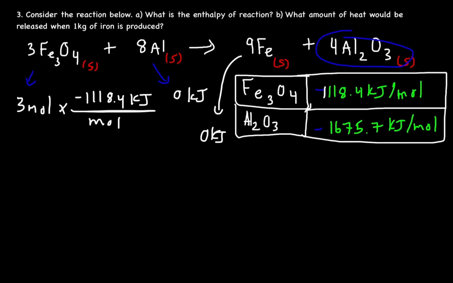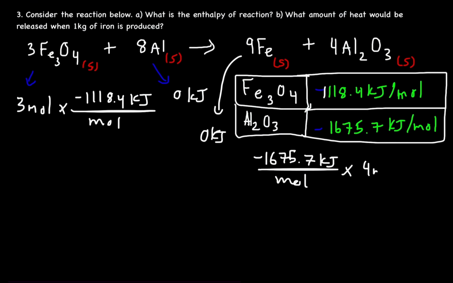And for this, the standard enthalpy of formation is negative 1675.7 kilojoule per mole, and there's 4 mole of aluminum oxide. So the mole cancels, and here the mole cancels. Now we simply multiply them.